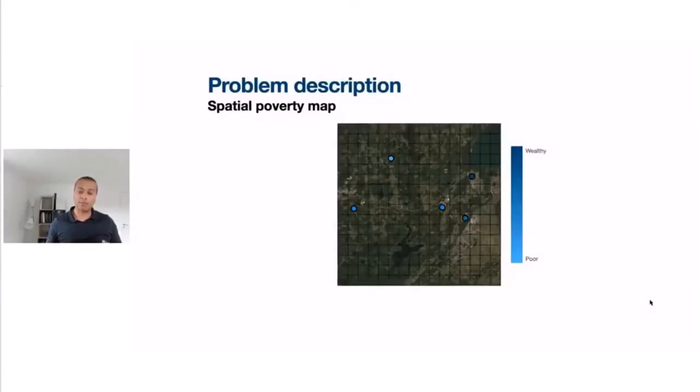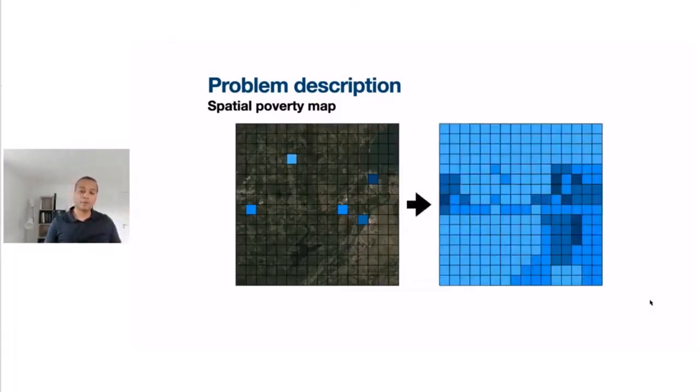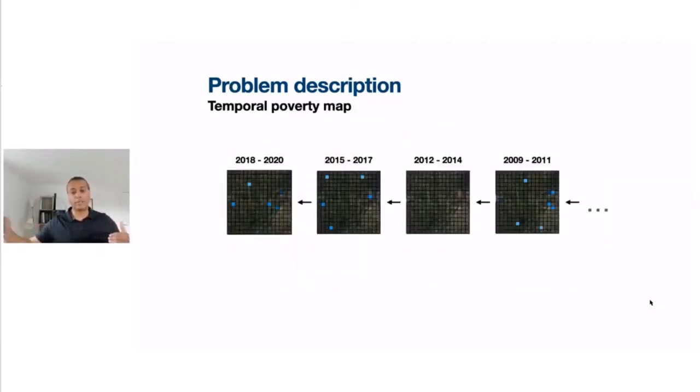Well, basically we have these points that are survey points that we gather from existing surveys. We then stack them on top of this gridded map that designates the different levels of poverty or wealth. The goal is to create this map to the right that you see, that is this heat map. We then temporally stack these slices of data on top of each other.